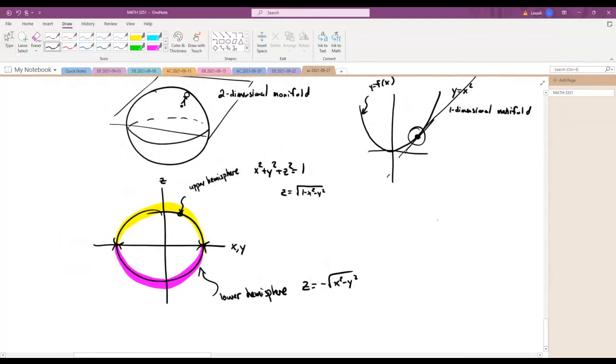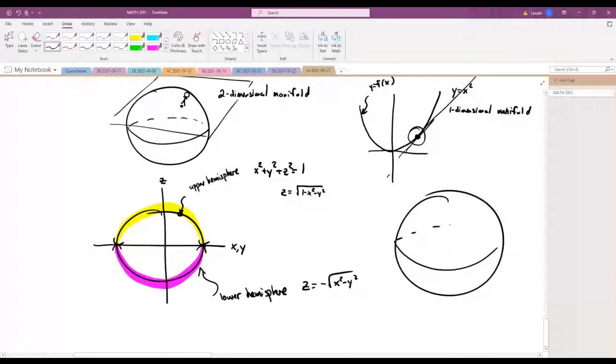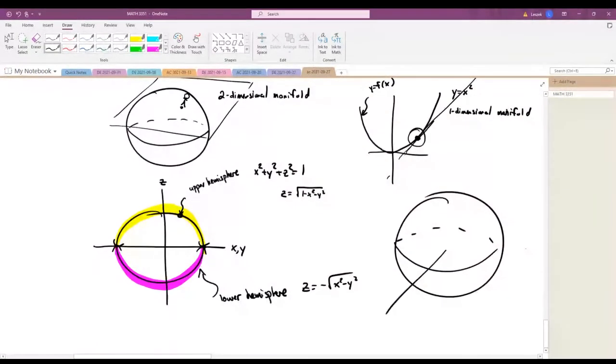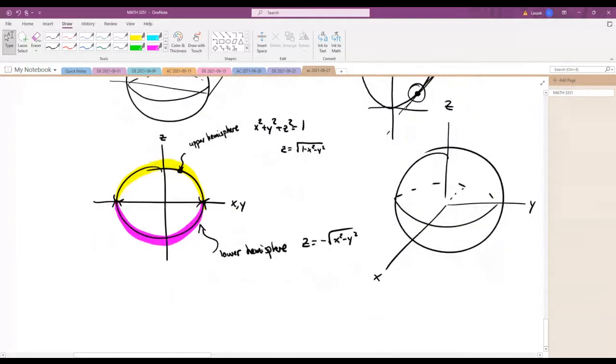So if you want to cover the upper and lower hemisphere, what if you want to cover the part of the hemisphere that's facing us that has a positive X coordinate? Yeah, so this is for positive X's.